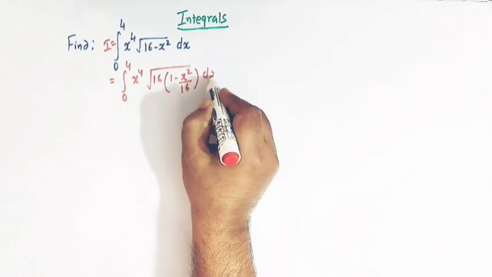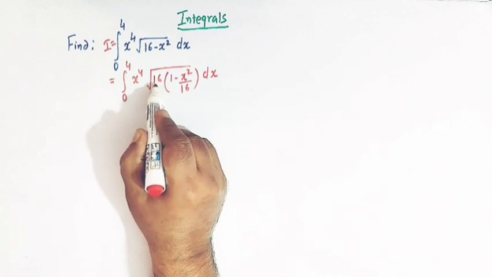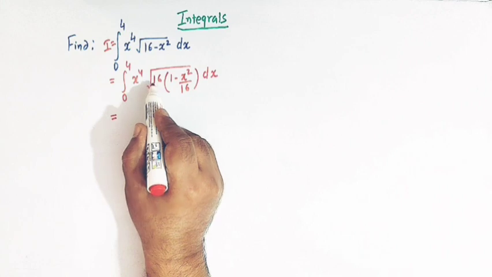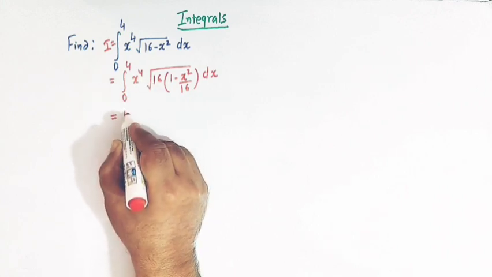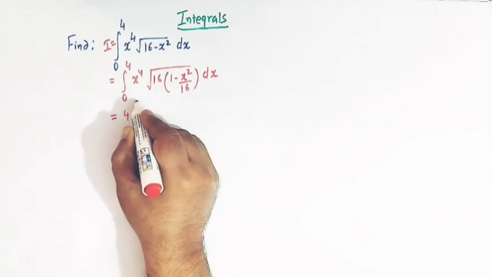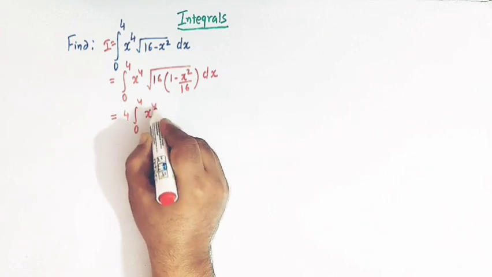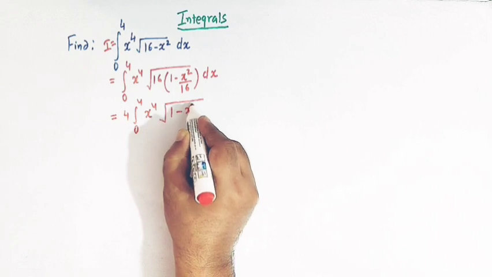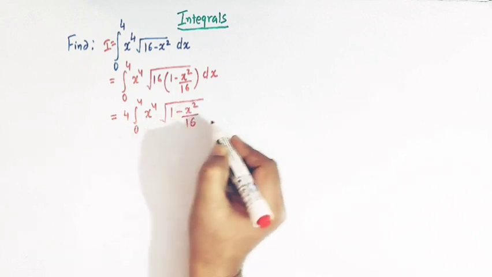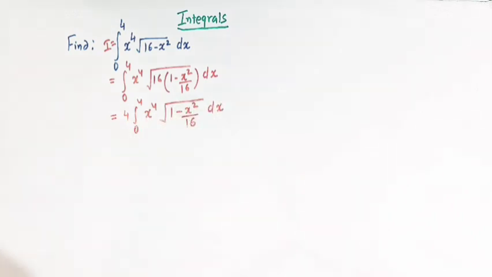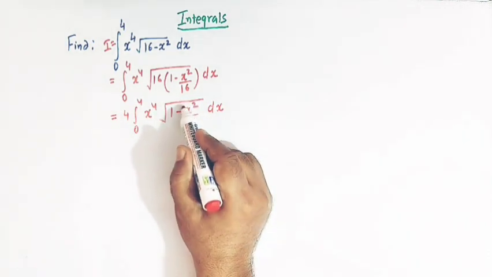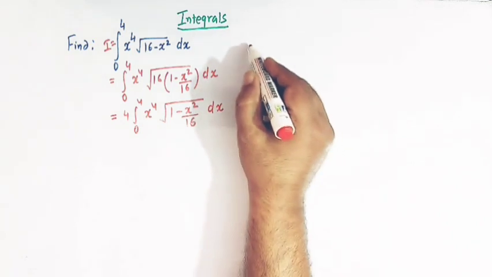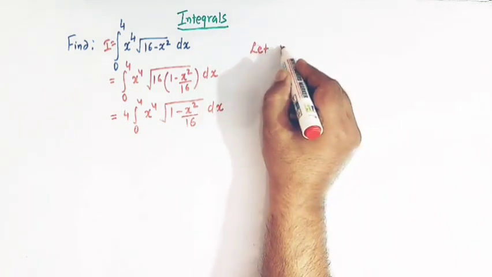Then we can take the square root of 16, which is 4, outside the integral sign. So we have 4 times the integral from 0 to 4 of x raised to 4 times the square root of 1 minus x square over 16.